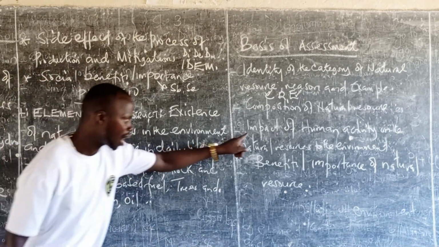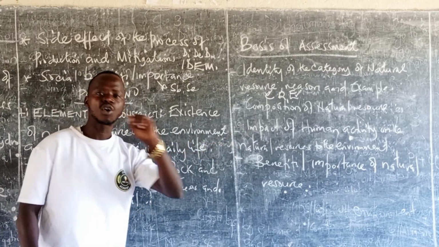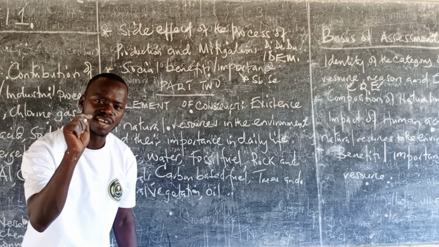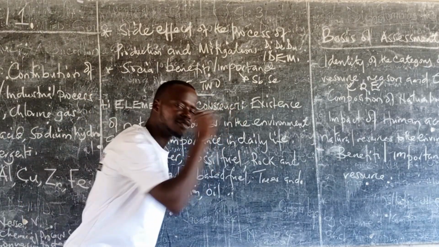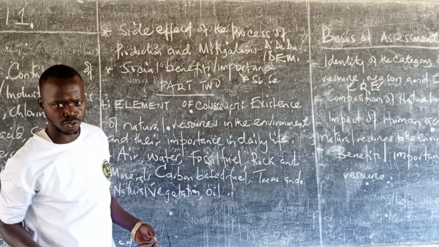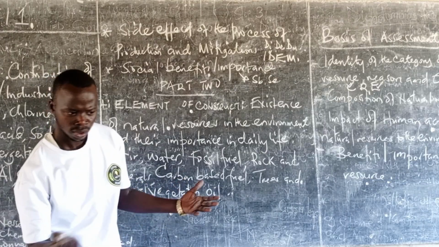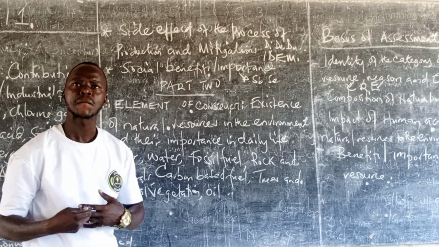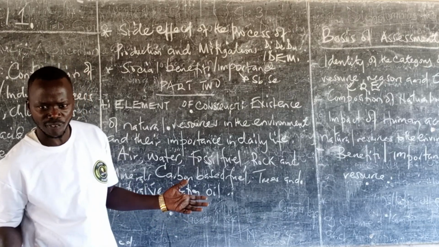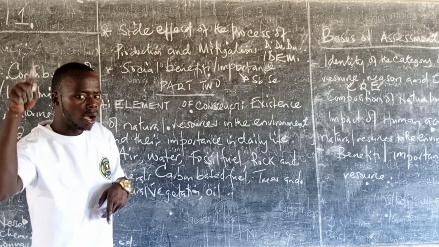This particular one here, the learner has to be very careful. Here, the learner should go back to the scenario and identify the particular human activity that was talked about in the scenario. It could be bush burning, or a public commercial activity by some men in the village, or when it's about the dumping of polythene bags into the river. That is the human activity that is affecting the natural resource called water.